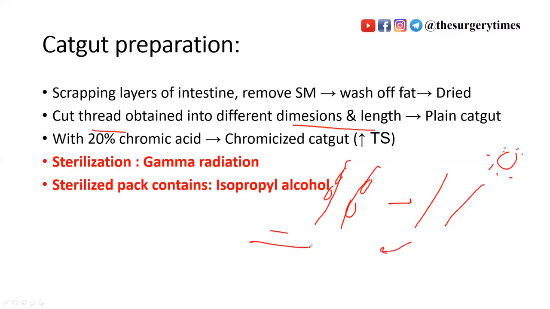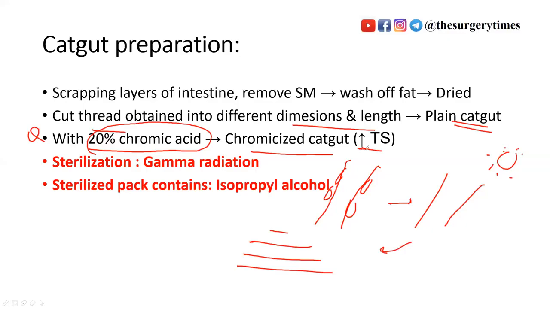So this is plain catgut. If it is treated with 20% chromic acid, this is also an MCQ, then it is called chromicized catgut, which increases the tensile strength. That is the difference between plain and chromic catgut. Mainly the difference is tensile strength, and also absorption, that is 7 to 10 days for plain, and around 90 days for chromic.